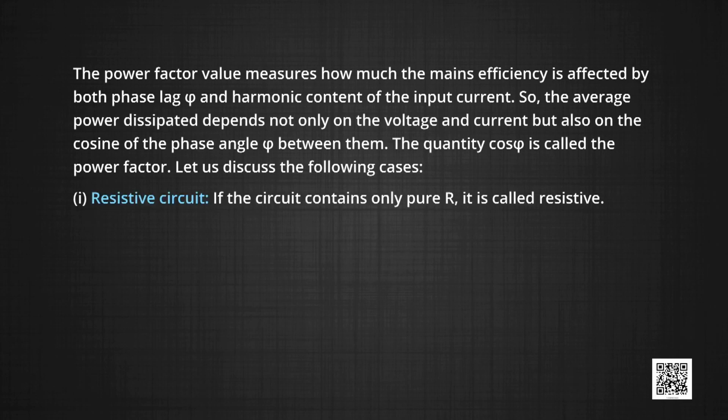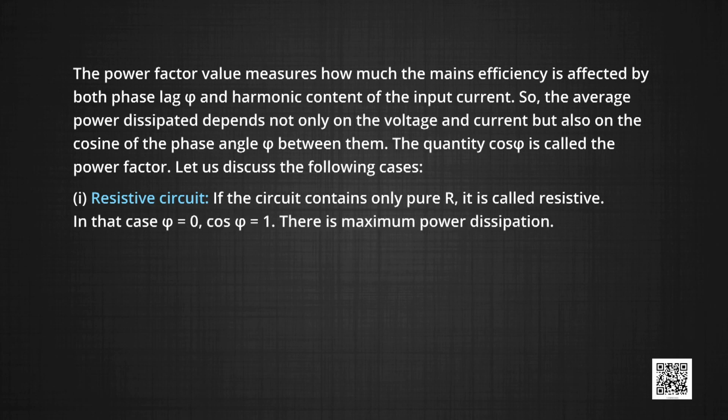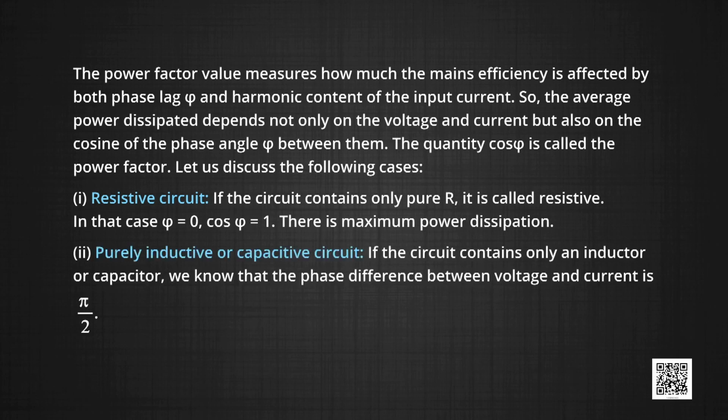Case 1, resistive circuit. If the circuit contains only pure R, it is called a resistive circuit. In that case, phi is equal to 0 and cos phi will be 1, so there is maximum power dissipation. Case 2, purely inductive or capacitive circuit.